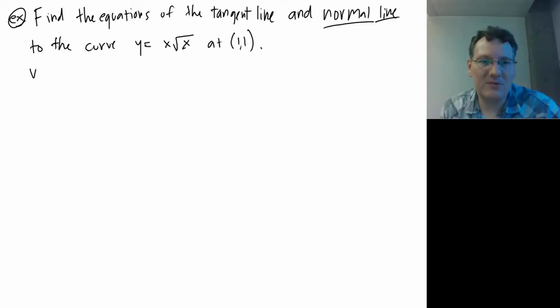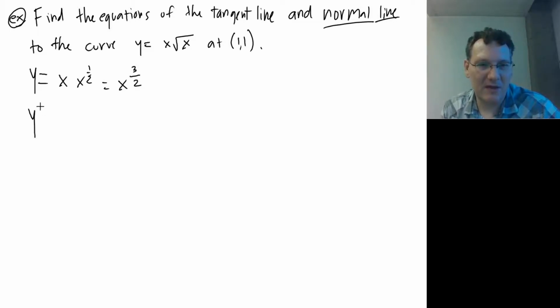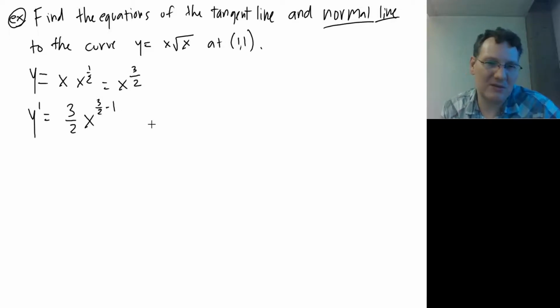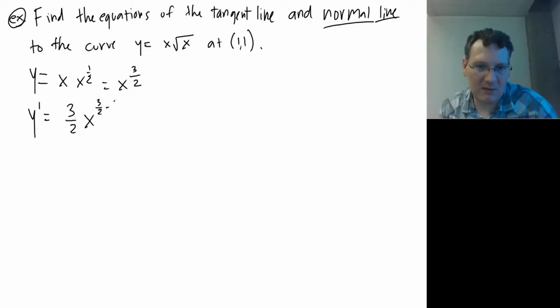Well, first let's write y, instead of x root x, as x times x to the 1/2. And so this is x to the 3/2. Okay, so let's find the derivative, y prime, that's 3/2 x to the 3/2 minus 1. Well, minus 2/2. That's the 1/2 again.